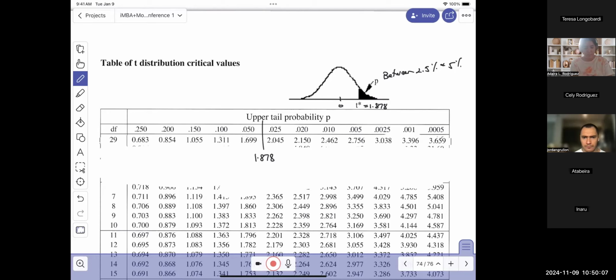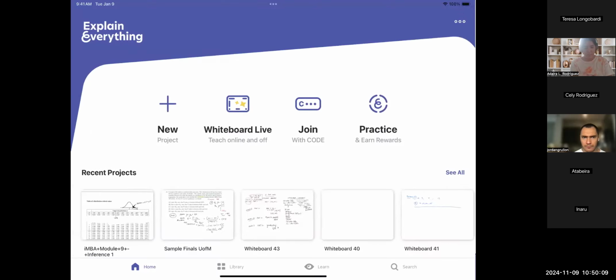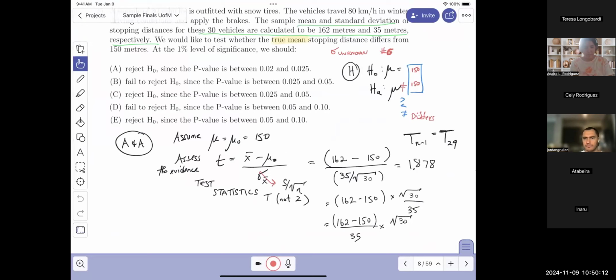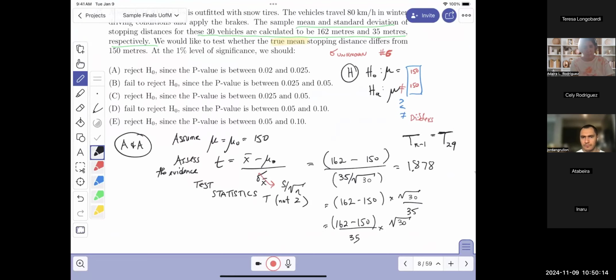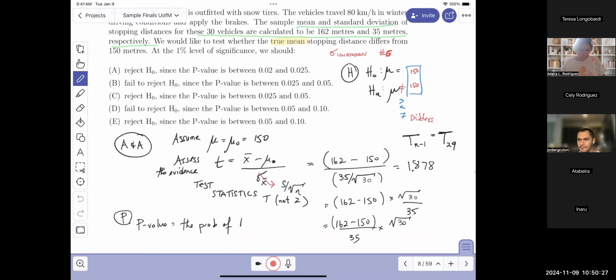Okay, so what are we doing? The next step is the P step, the P value. So we're going to do the P step, and the P value, remember, is the probability of being as extreme or more extreme, sorry, I'll write it like I did last time.